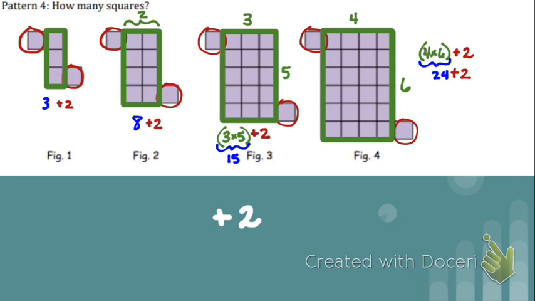So 2 by 4, 1 by 3. So this could be 1 times 3 plus 2. This one could be 2 times 4 plus 2, right? You guys okay with what I've written down so far?